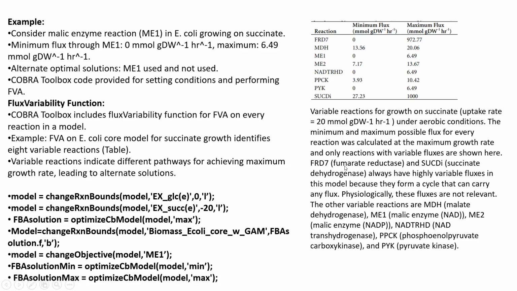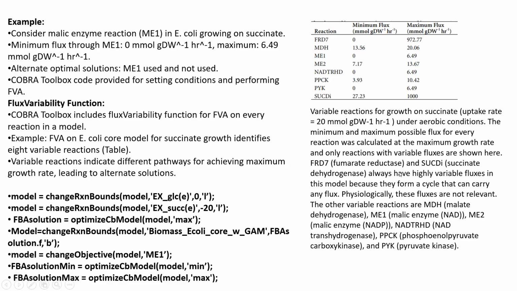The minimum and maximum possible flux for every reaction was calculated at the maximum growth rate. So basically, you keep your maximum growth rate constant, and your objective function should give you optimal values. It's calculated at the maximum growth rate, and only reactions with variable fluxes are shown here.